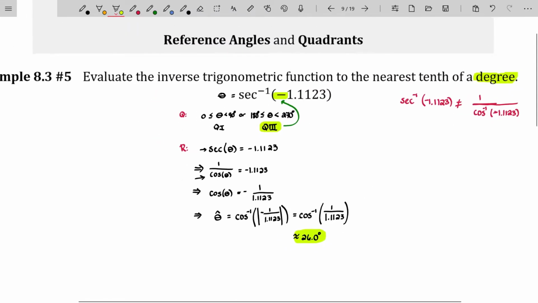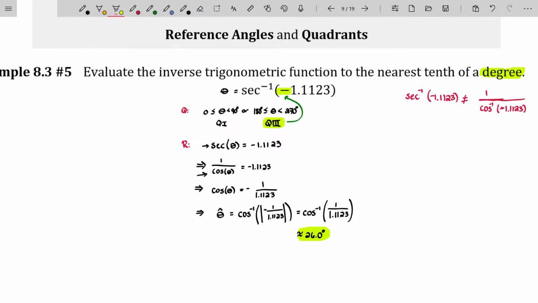It may seem like we've done a lot of work here, but you can see it's very few steps. Now that we know the quadrant and the reference angle, I could say the actual angle that secant inverse of negative 1.1123 is going to return is approximately, well, we rotate all the way around into quadrant 3.